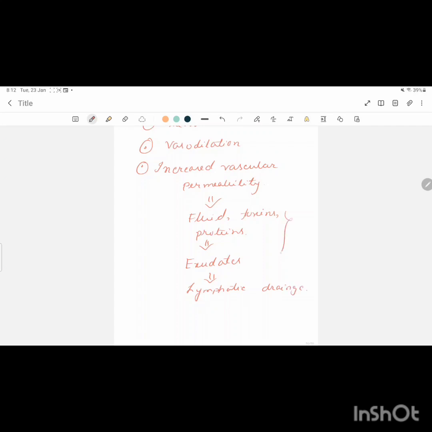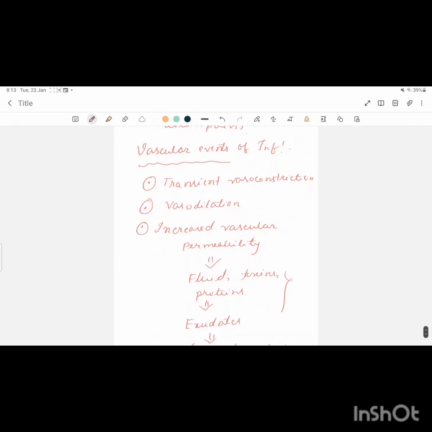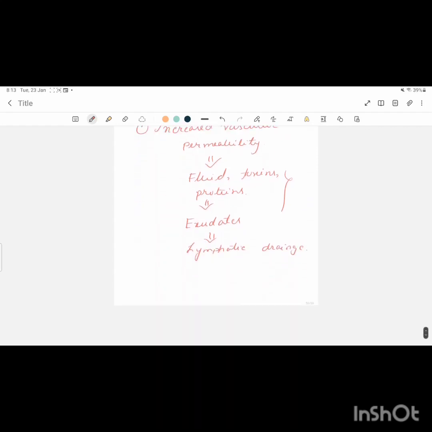We all know inflammation occurs during any infection, it can be viral or bacterial. So in inflammation there is first vasoconstriction, then vasodilation. When vasodilation occurs, the next stage is an increase in vascular permeability. As permeability increases, substances like fluid, toxins and proteins come out. These are called exudates.